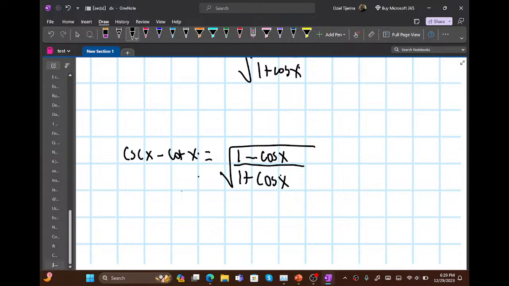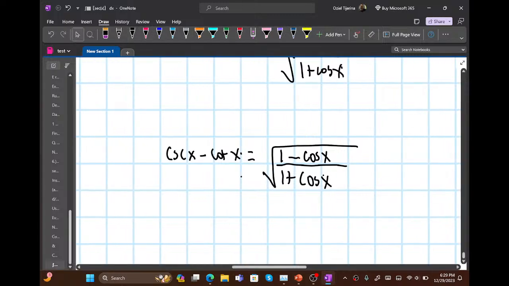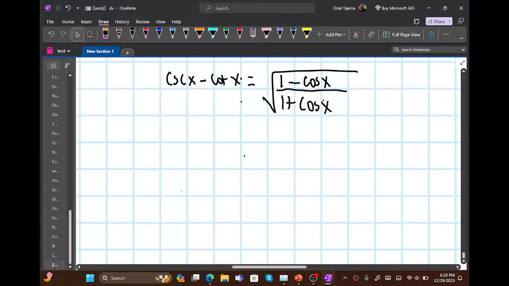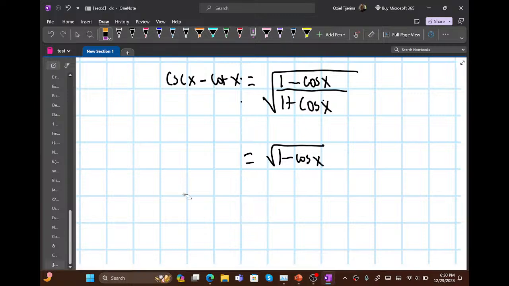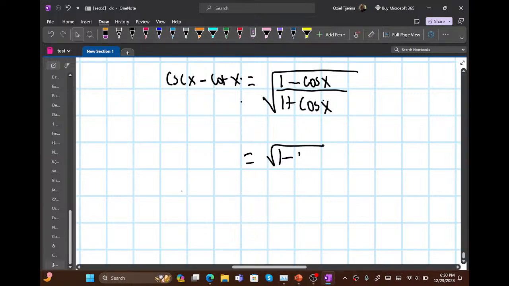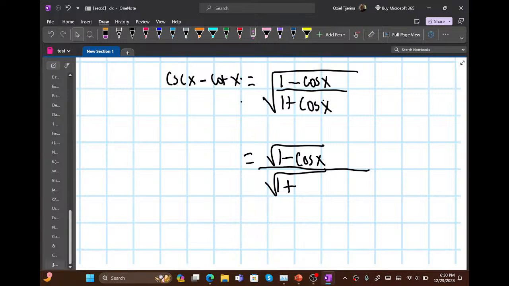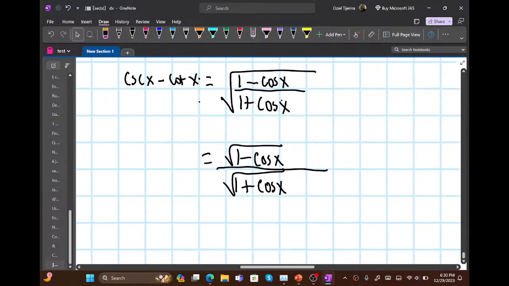So now what I'm going to do, guys, is rewrite the right side as the square root of 1 minus cosine x over the square root of 1 plus cosine x. I always write it that way, guys. It's a habit, okay? It's cosine. I need to break that habit because I don't want to confuse anybody.